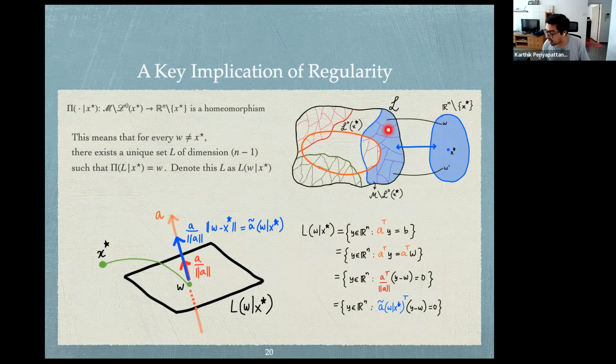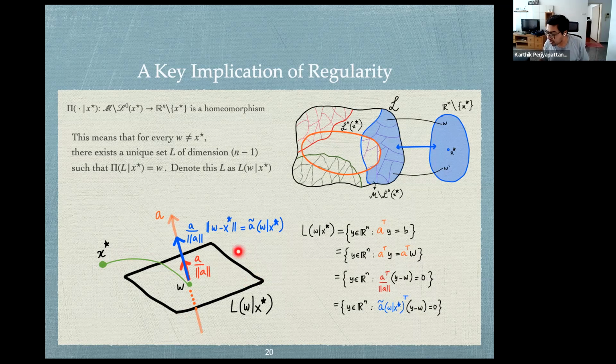But there is a unique L in this family of n-1 dimensional sets whose projection is W. If you take a W, there is a unique L such that the projection of X star onto L is W. So here is the picture. Given any vector W which is not X star, there is a unique L such that the projection of X star onto L is W. That is what it means.